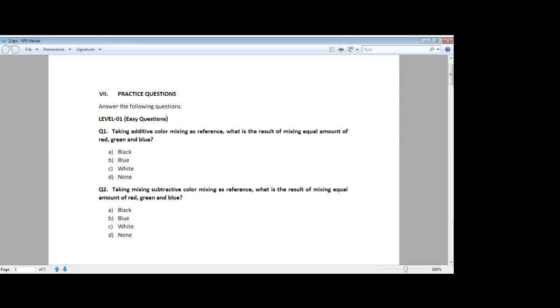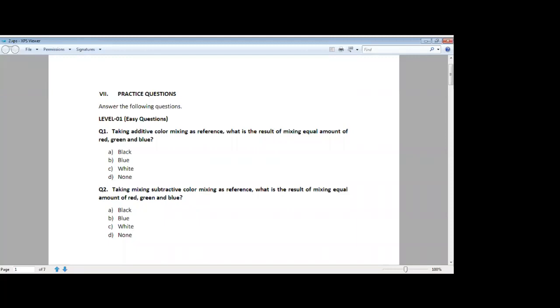B7 says the answer should be none. So you think that neither blue nor black nor white is worthy of being that color. And Nia says C.